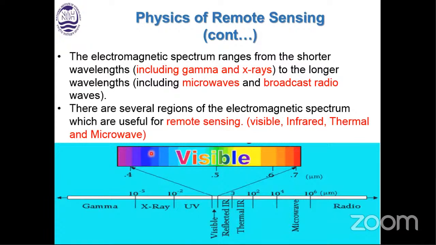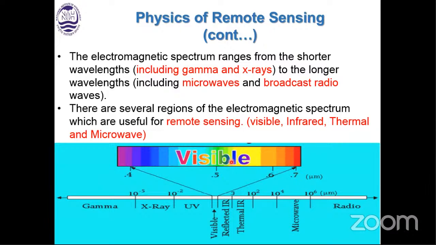When we talk about the electromagnetic spectrum, this is the window of the electromagnetic spectrum. We have X-rays, ultraviolet rays, and also radio waves. The range from 0.4 micrometer to 0.7 micrometer is the visible range.